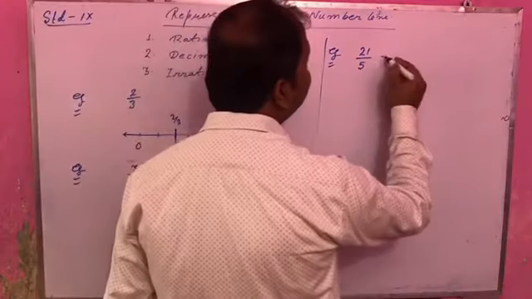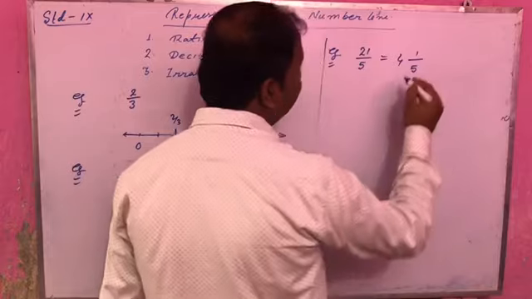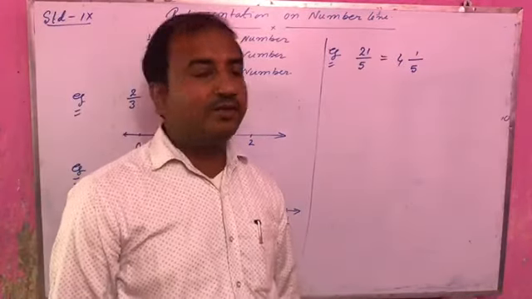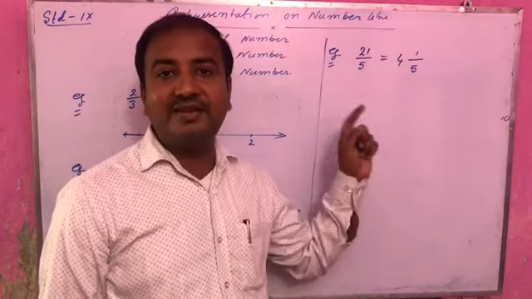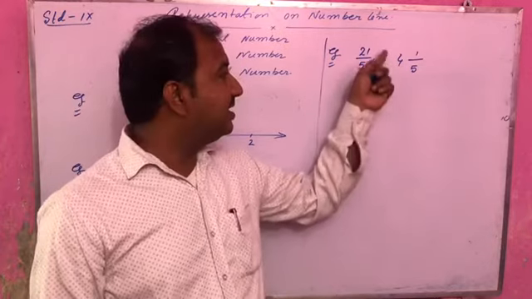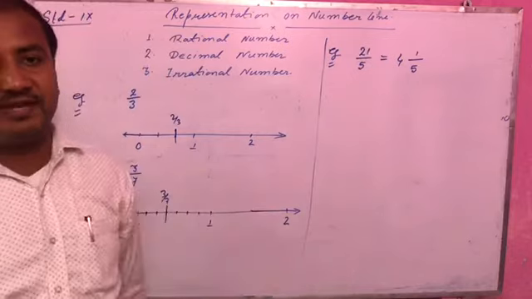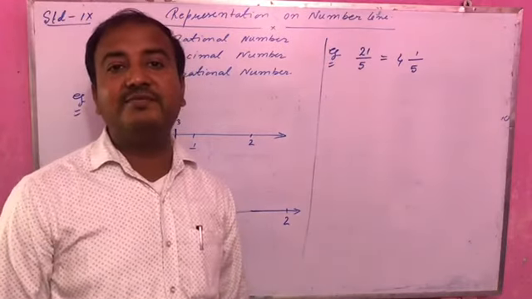This can be written as 4 and 1 by 5. 4 and means what? More than 4 and less than 5. The number must lie between 4 and 5.